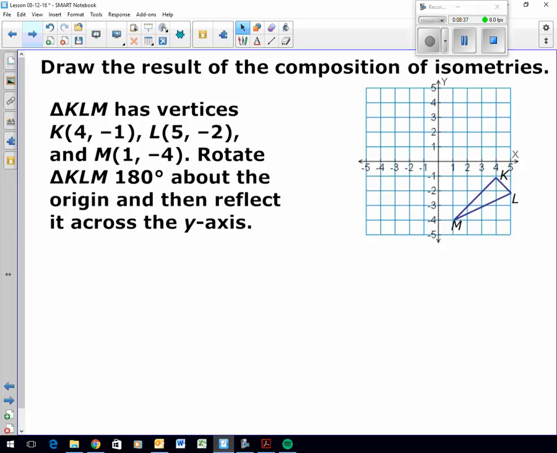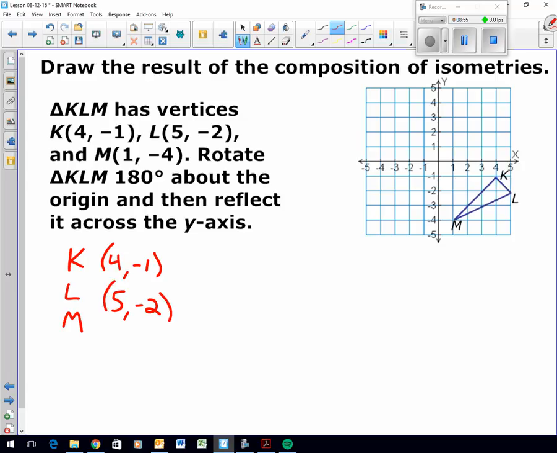Okay, here we go. Anytime I have a 180 degree rotation, all I have to do is take the opposite of my x and y coordinates. That's it. The first transformation is the rotation.